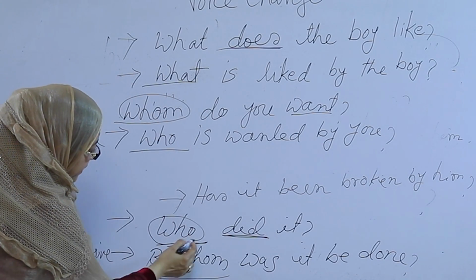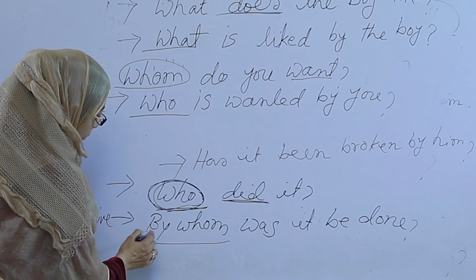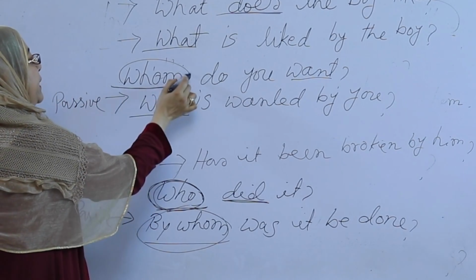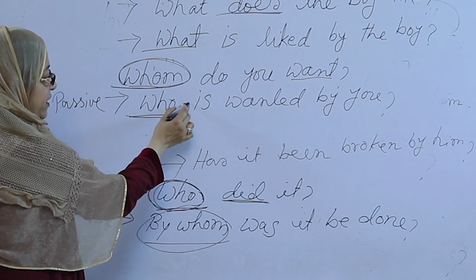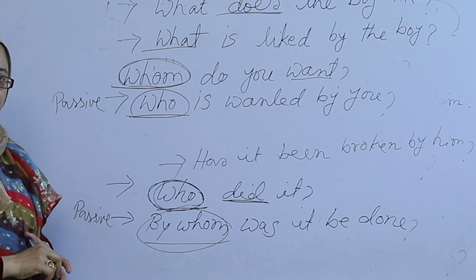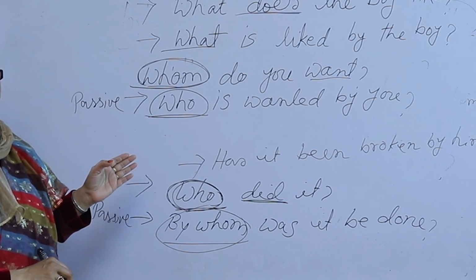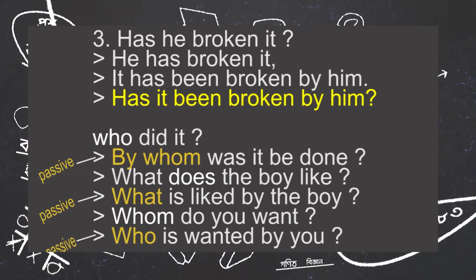I only change who: when I turn it into passive I use by whom, and in an active form whom, when I turn it into passive I use who. So is it clear to you? How can we change from active to passive in an interrogative sentence?